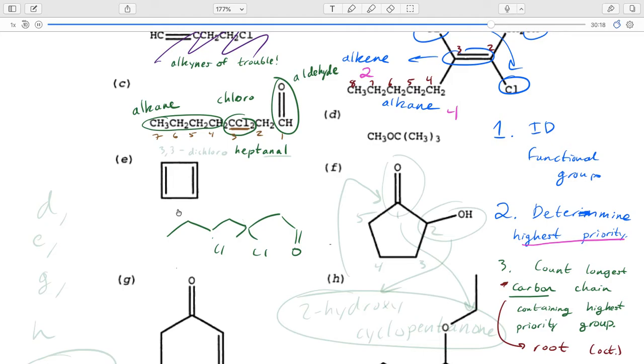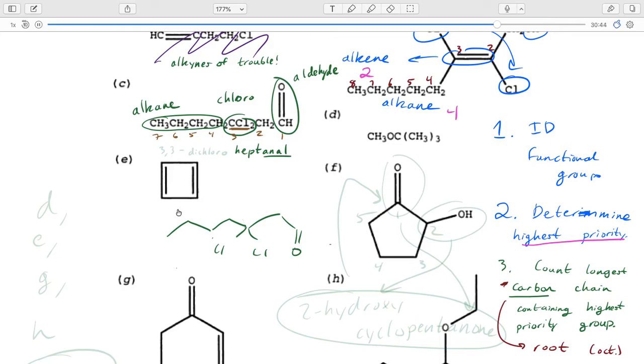1, 2, 3, 4, 5, 6, 7. So heptanal, and again, aldehyde always has to be at the end, so it's got to take number 1. It's always number 1, so we don't have to put the 1 in there. The way to remember that is we want to remain anal about it, keeping the first position.